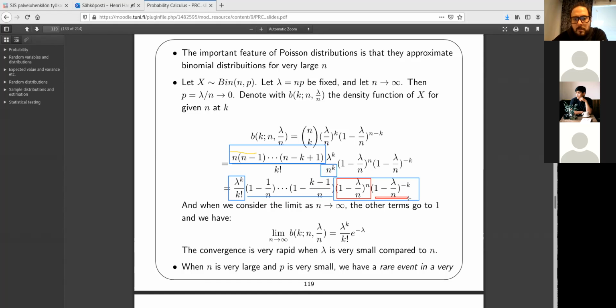And then this term, as n grows to infinity, remember k and lambda are fixed, approaches just 1. So what we really have is only this blue box and this other red box. So we are left with the density function of lambda to the k over k factorial times e to the minus lambda. That is actually the density function of the Poisson distribution.